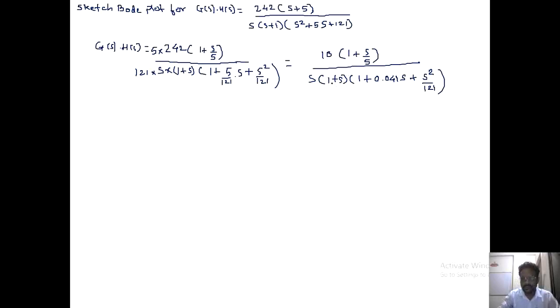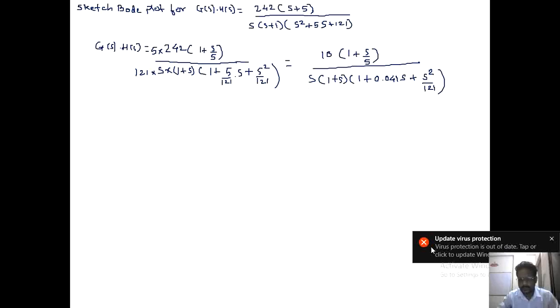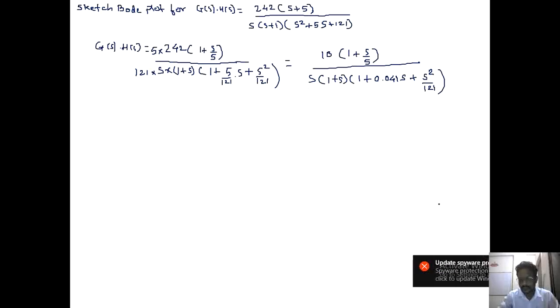Now let us calculate the corner frequencies to arrange all the terms for the magnitude plot. So which term will come first? Obviously this is K, the first term, and the pole at origin will be the second term. Among the simple zero, simple pole and quadratic pole, which term will come first, that we will check here.